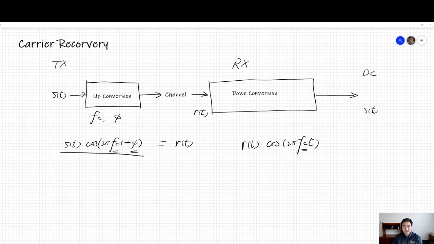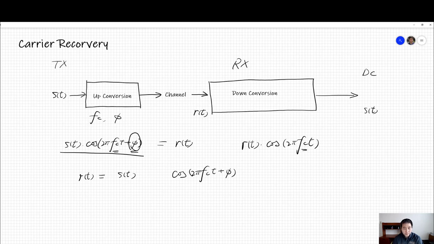So here, let's first suppose that at the receiver side, I know exactly the carrier frequency fc, but I need to calculate the carrier phase phi. My received signal is r(t) equal to s(t) times cosine of 2 pi fc t plus phi.